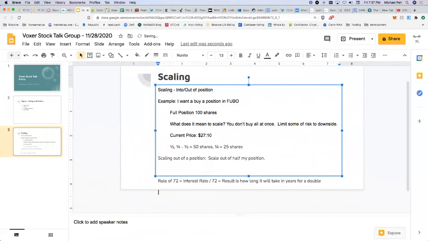If you take a 15% return a year, your money will double every 5 years. At 10%, your money will double in 7 years.